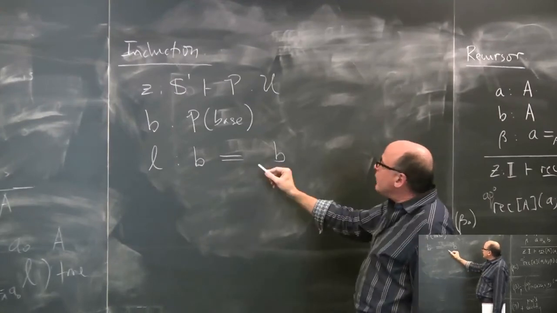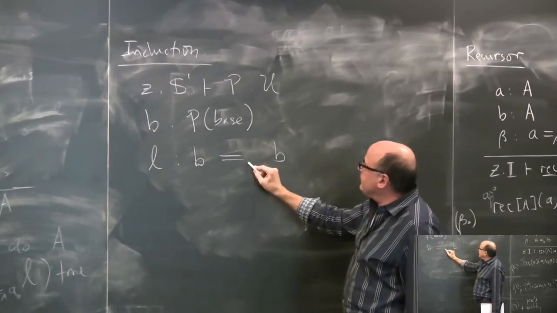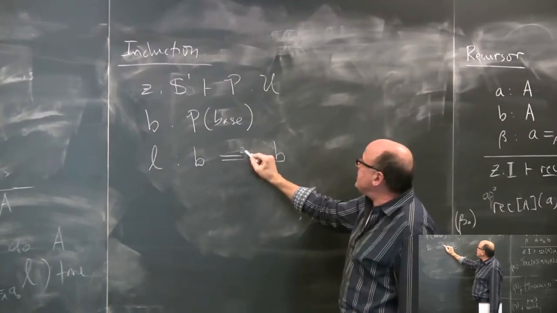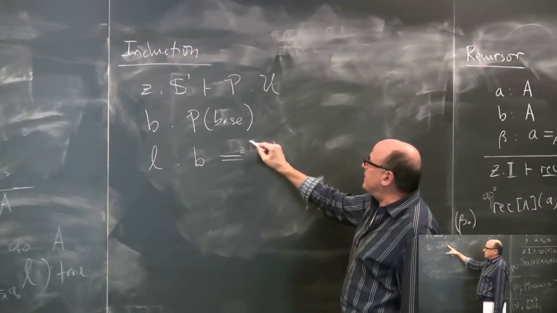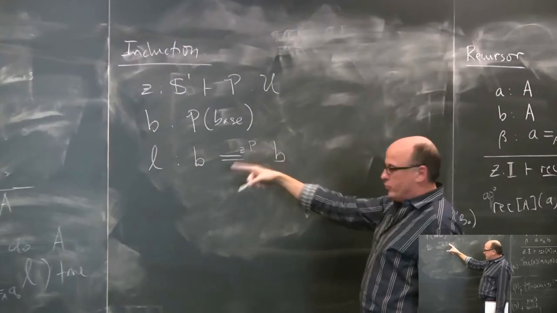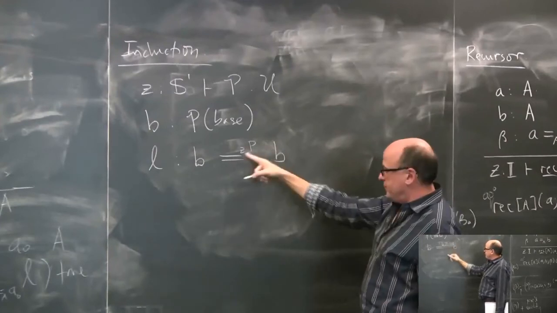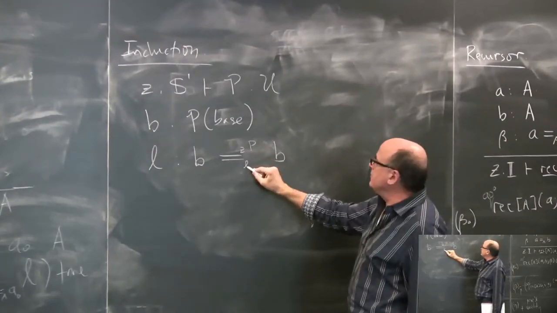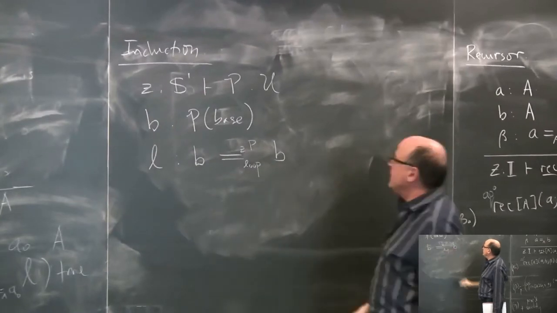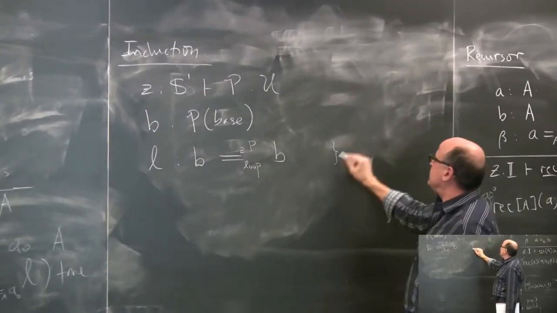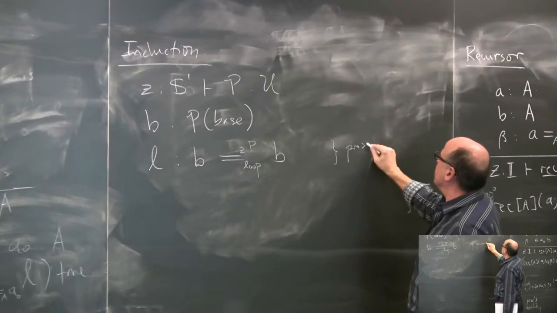So what I want to be able to do is to say that B is correlated to itself by the transport function associated with P with respect to the loop. So this says that it's preserved going around the loop.